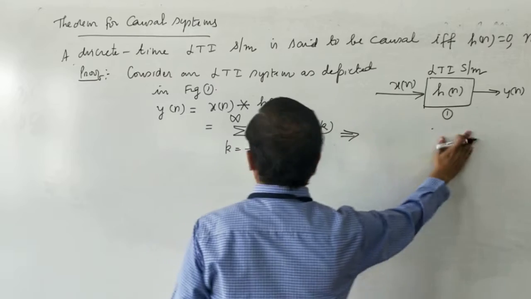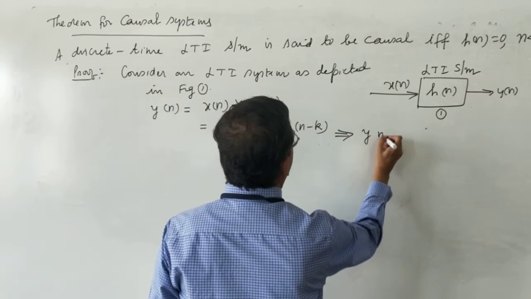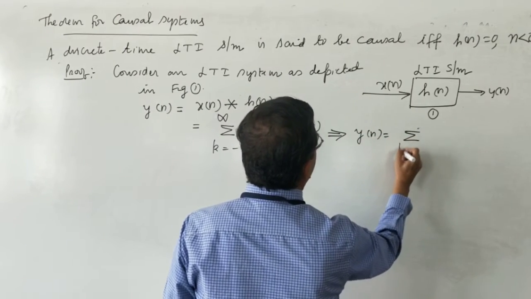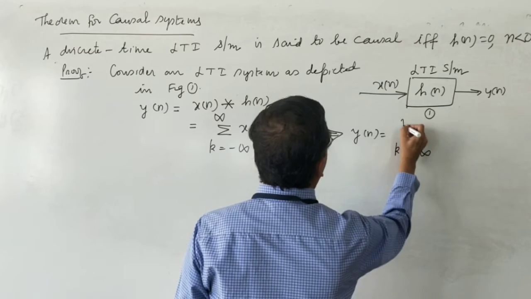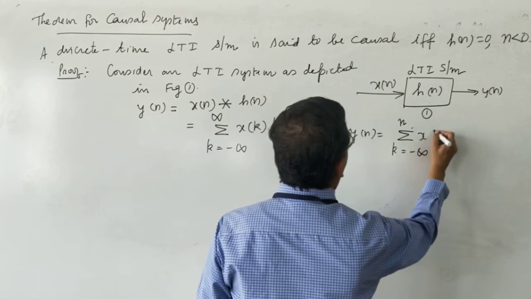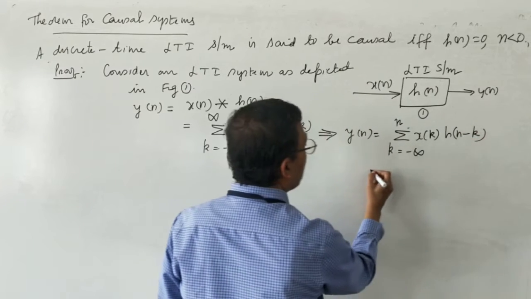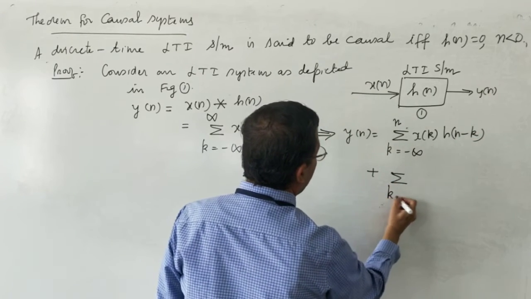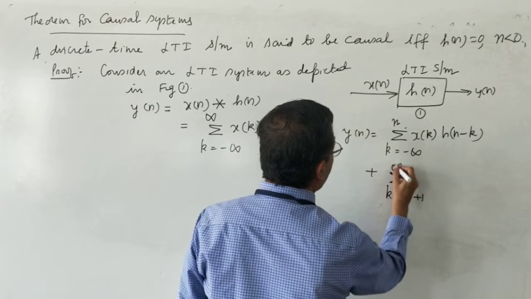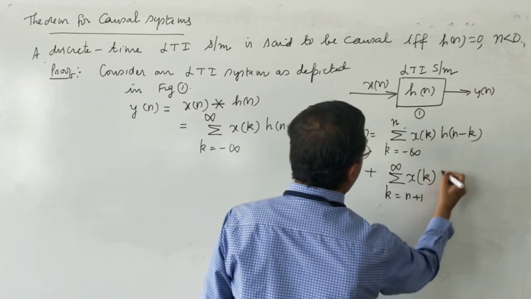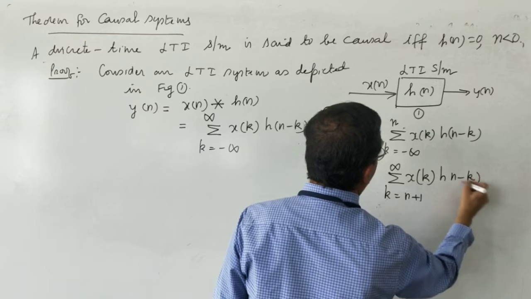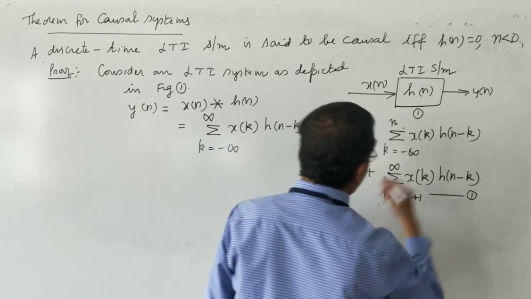This implies y of n equals summation k equals minus infinity to n x of k into h of n minus k plus summation k equals n plus 1 to infinity x of k into h of n minus k. This I call equation 1.